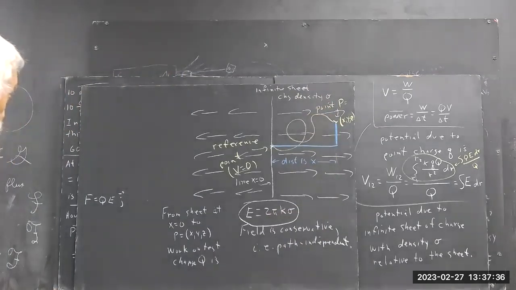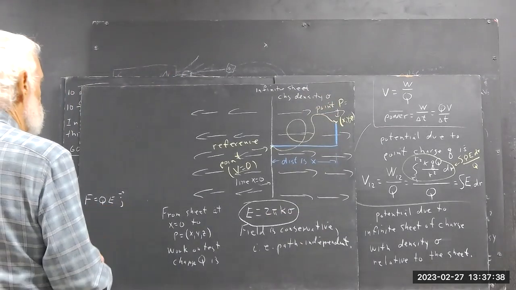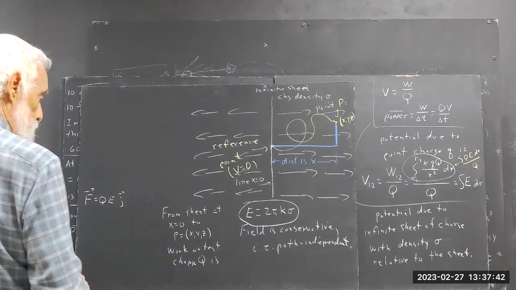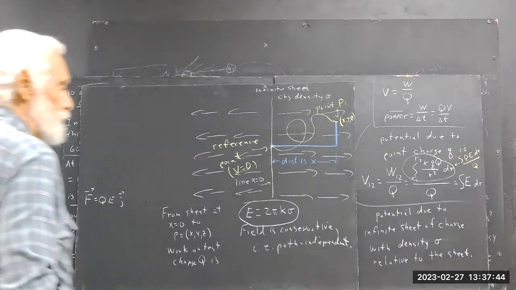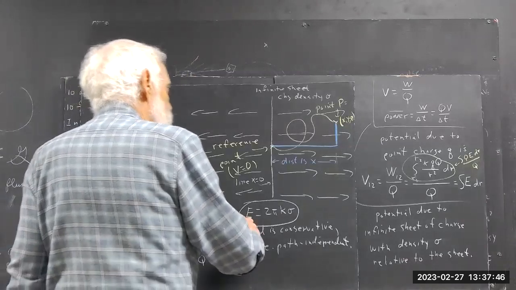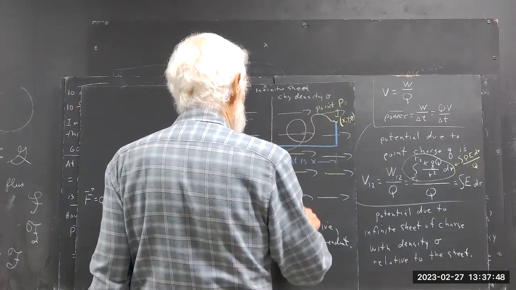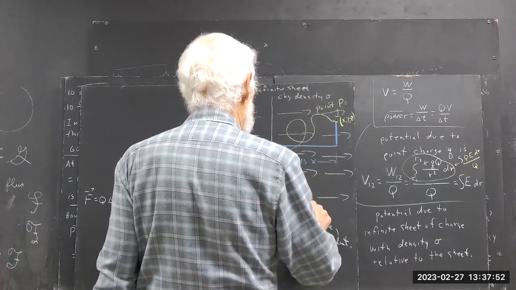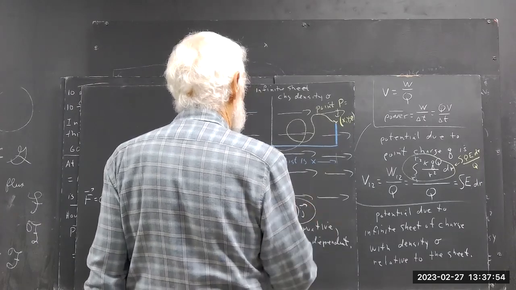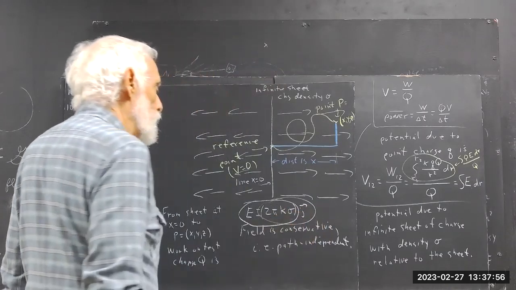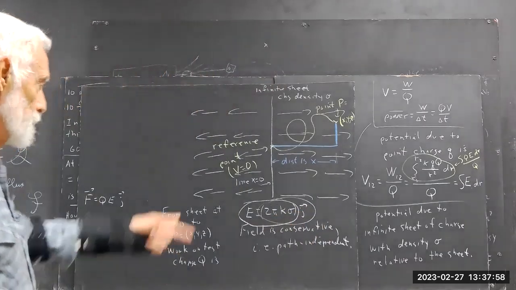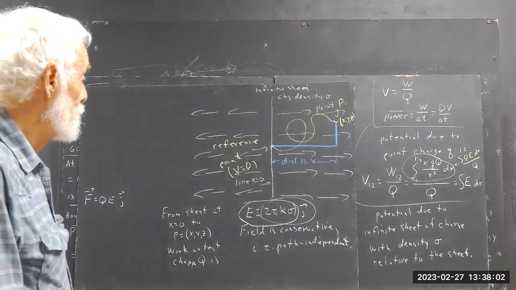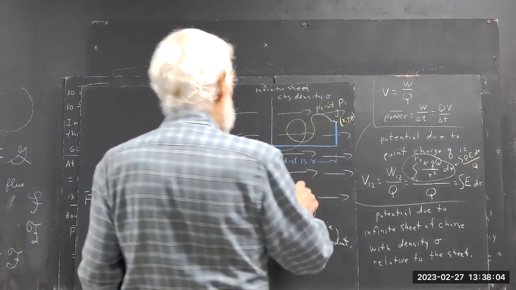Okay, force is QE times J, with E equal to 2 pi k sigma.